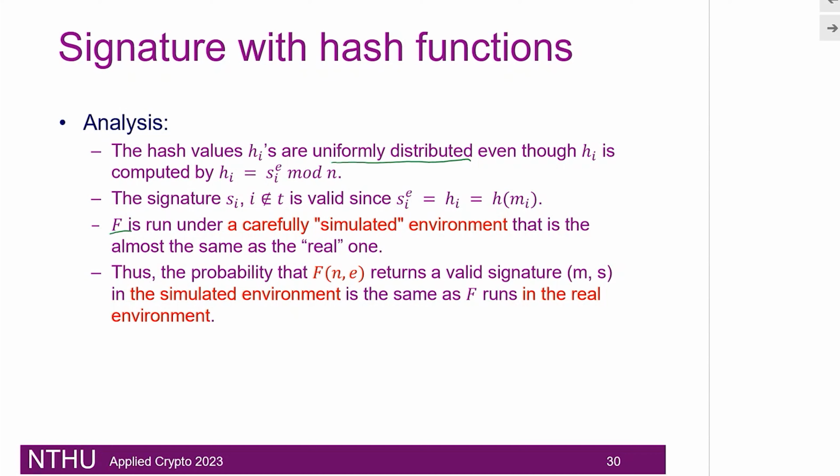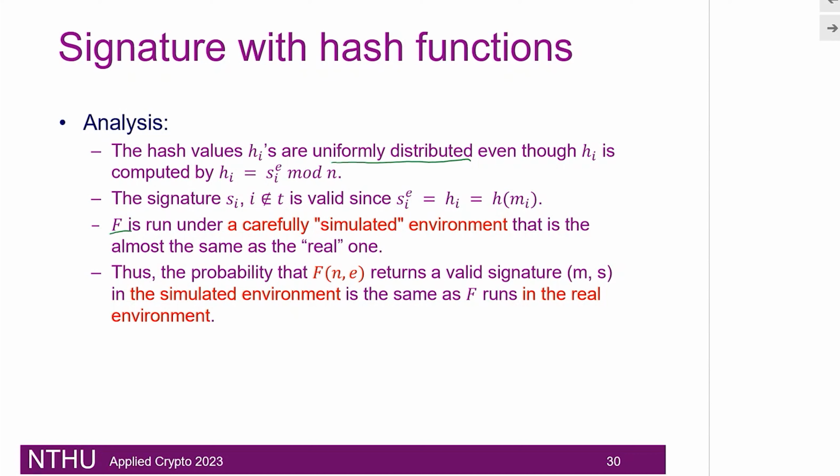We call it carefully simulated because the only way he could tell is through the values he receives when interacting with this system. The hash values that he received are uniformly random; if you run some statistical test, he won't find anything there.